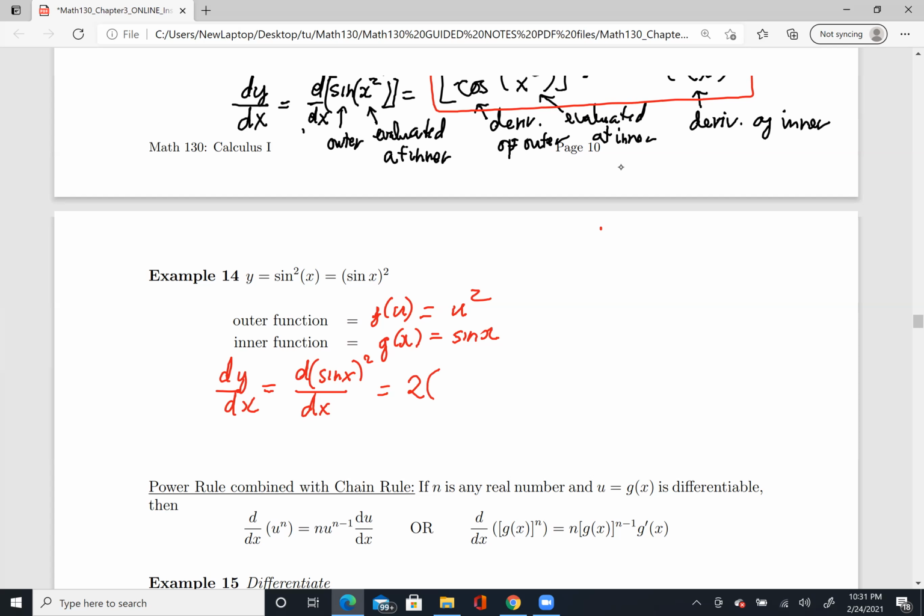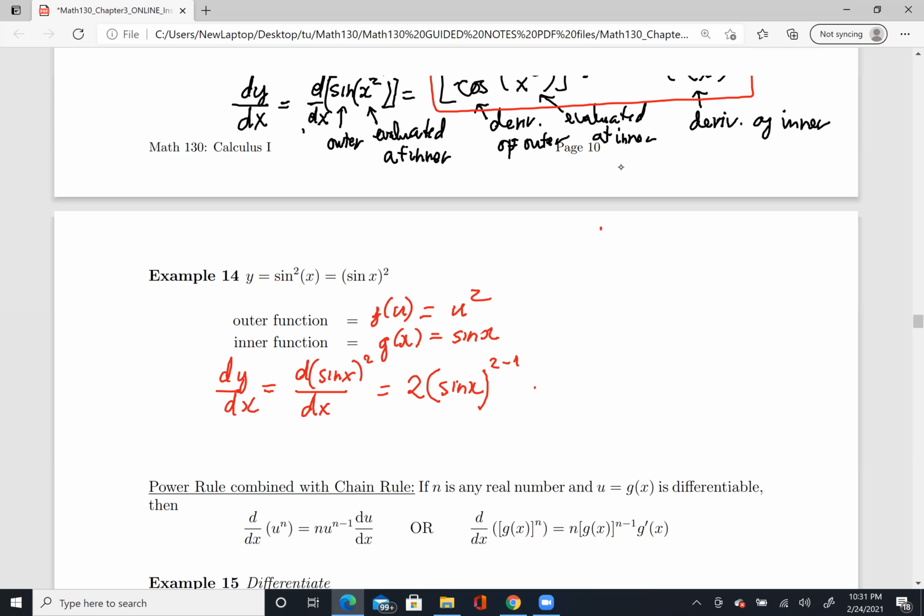So that is g of x, so sine x to the power of 2 minus 1, which is 1, okay? And then you multiply by the derivative of inner.